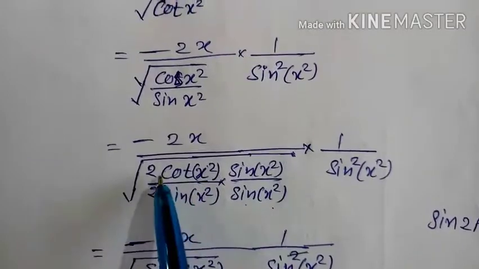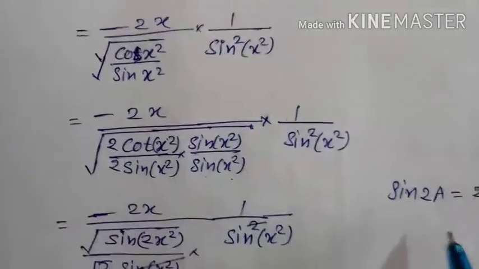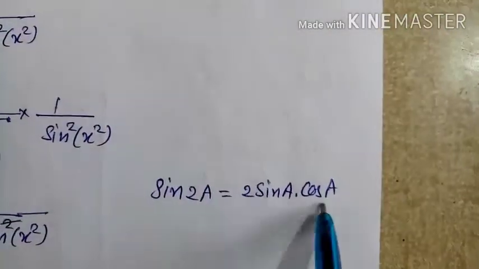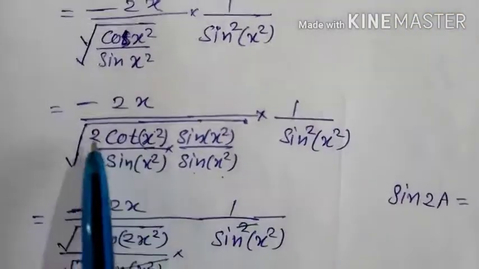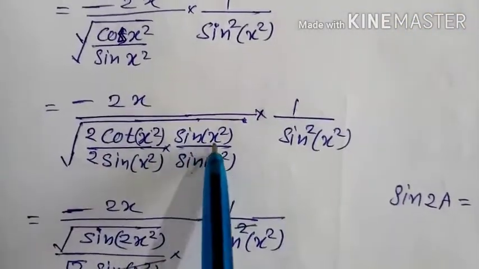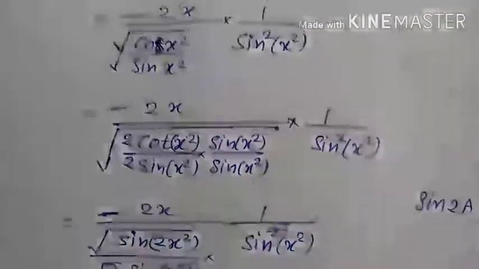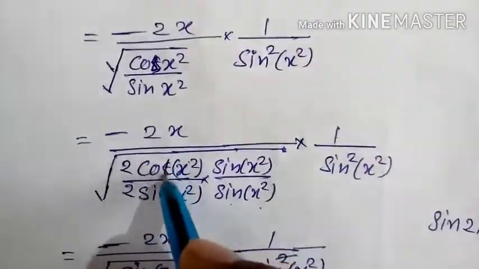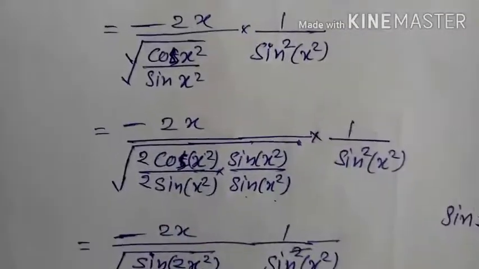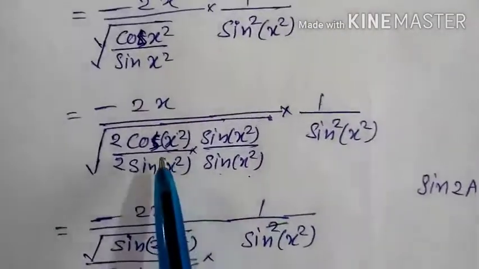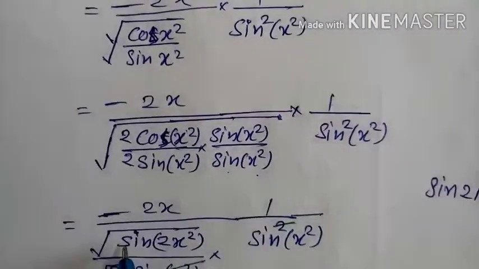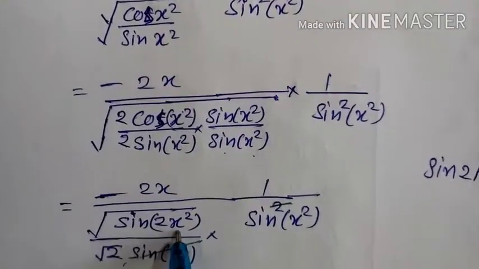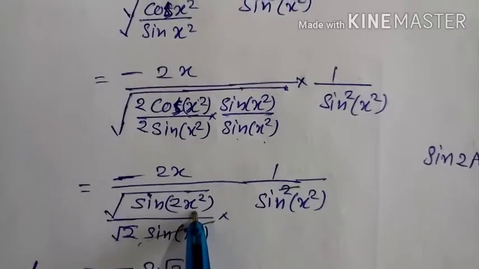So in the numerator it is 2 sin a cos a, since 2 sin a cos a is sin 2a. So here 2, this is sin a meaning x square, and this is cos, this is cos. So it will be 2 sin 2a, where a is x square.